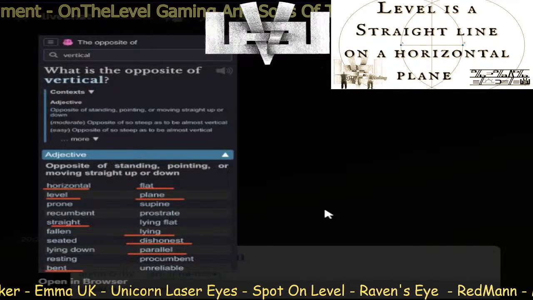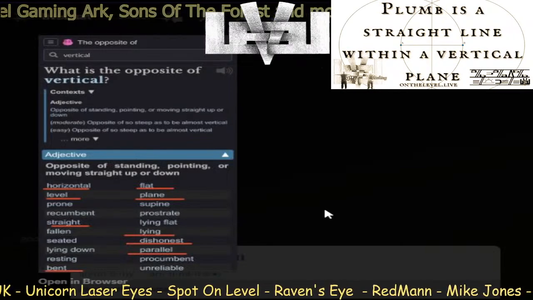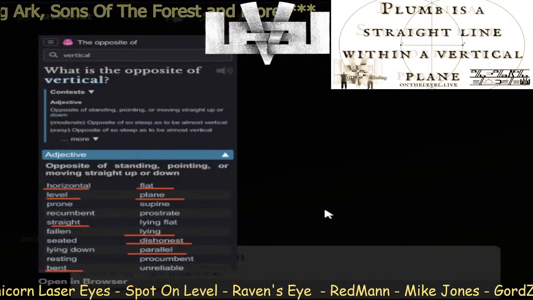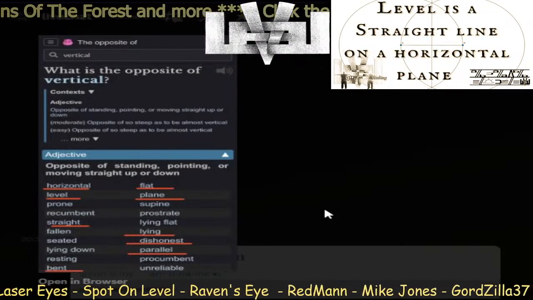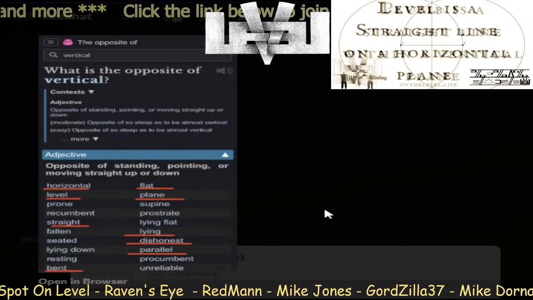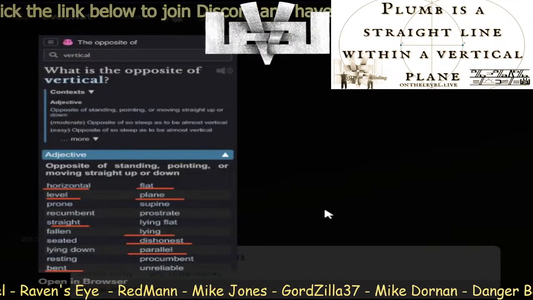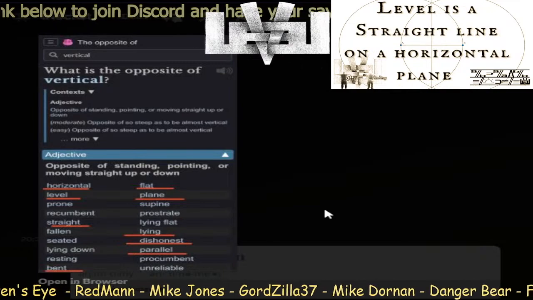Because if vertical can be flat and horizontal can be flat, it means that this flat is genus and orientation would be species. So it is like folder and subfolder.